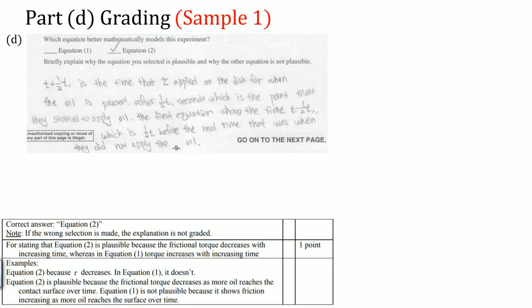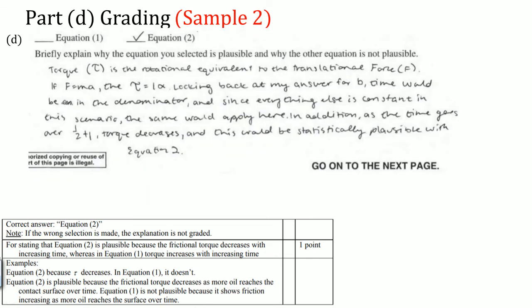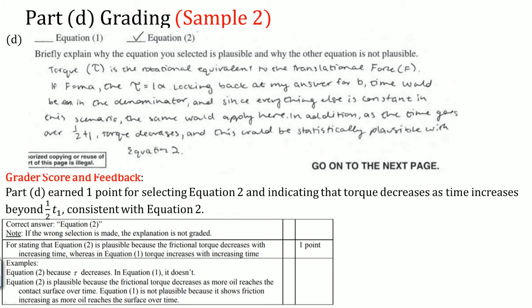Notice that the way this is answered is mostly that something increases or decreases. The explanation here is torque decreases, because it's probably on the bottom of the fraction. So let's look at the answer here. This does earn 1 point for selecting equation 2 and indicating that the torque does decrease as time increases beyond 1/2. So torque is the relevant quantity.